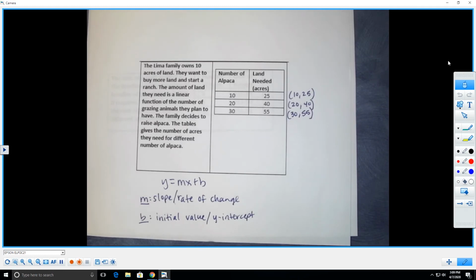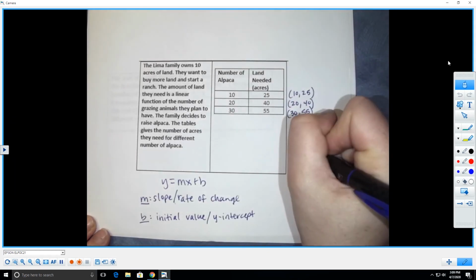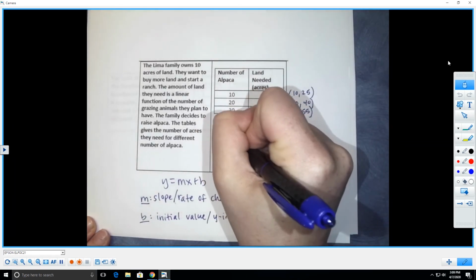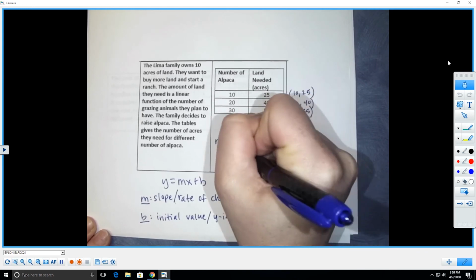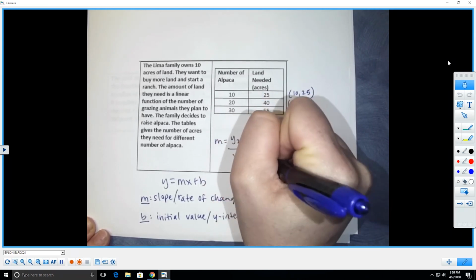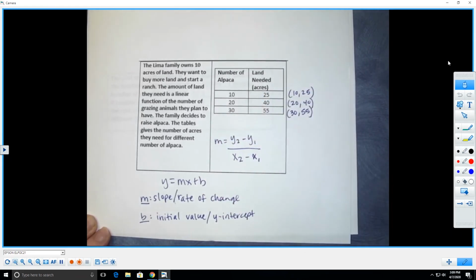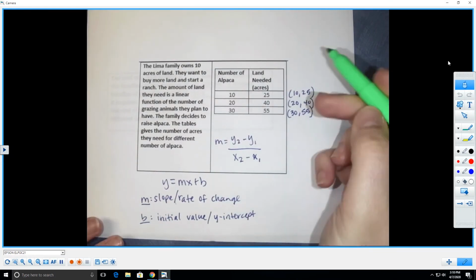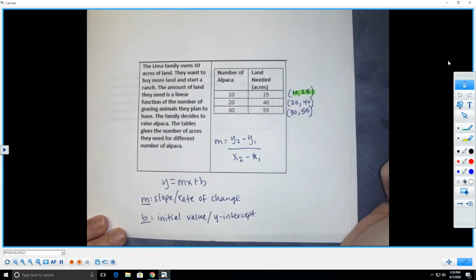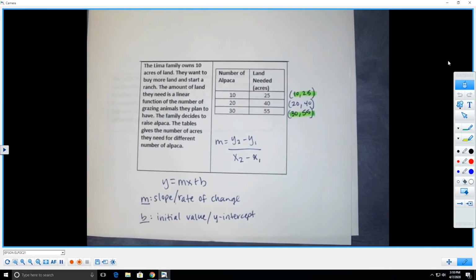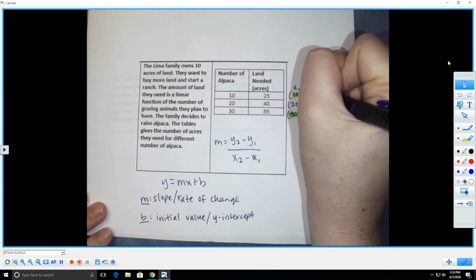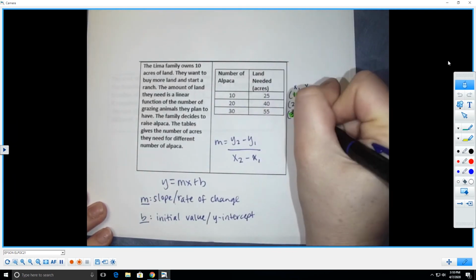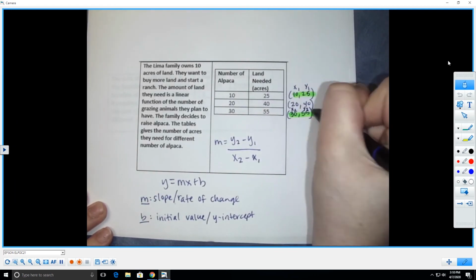Remember that this is what the formula looks like. So the slope formula is y2 minus y1 over x2 minus x1. In this case, I'm going to use these points, 10, 25, and 30, 55. So I'm going to call this x1 and y1 and x2 and y2.